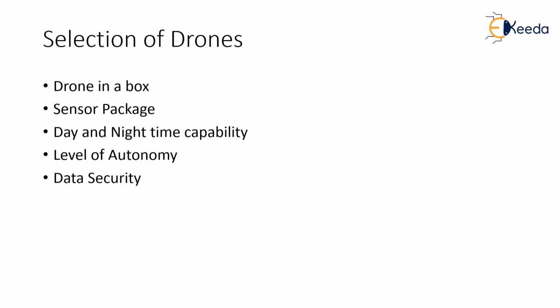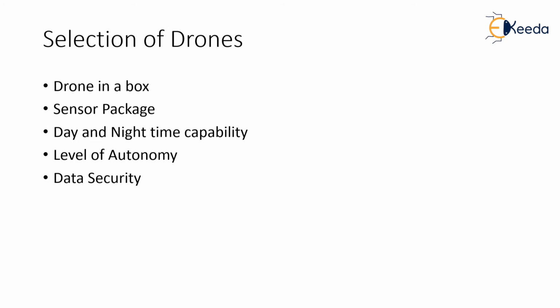Finally, data security. This is one of the most important aspects, because any sensor or camera you use generates a lot of data regarding that place or infrastructure. For example, let's say you're monitoring the railway lines for cracks. You have to make sure that whatever data you collect regarding the railway lines is kept very secure, because that data can be illegally used.